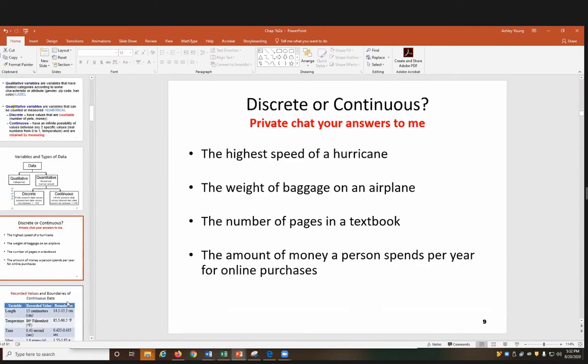All right. So private chat your answers to me. In the private chat, I want to hear from everybody. Are these discrete or continuous? The very first one, high speed of a hurricane, is that discrete or continuous? Everyone chat. Private chat. 3 people so far. 4 people, 5, 6, 7, 8.